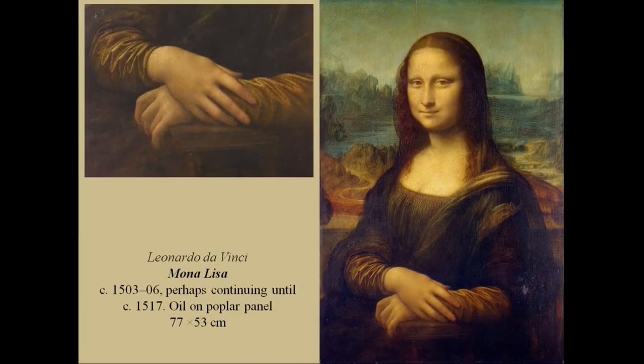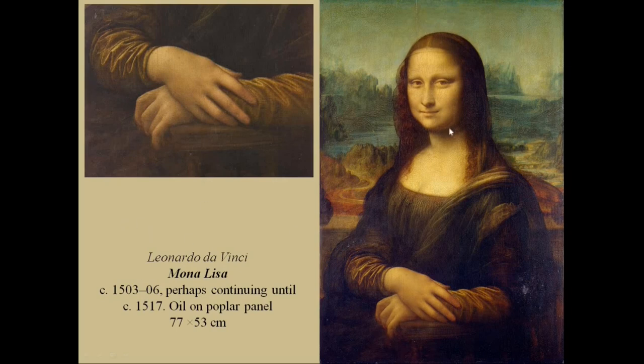And now here is probably one of the most popular artworks by Leonardo, the Mona Lisa, painted circa 1503 up to 1506. And perhaps it was continued up to 1517. So people usually say that there is some mystery about this picture, and why?